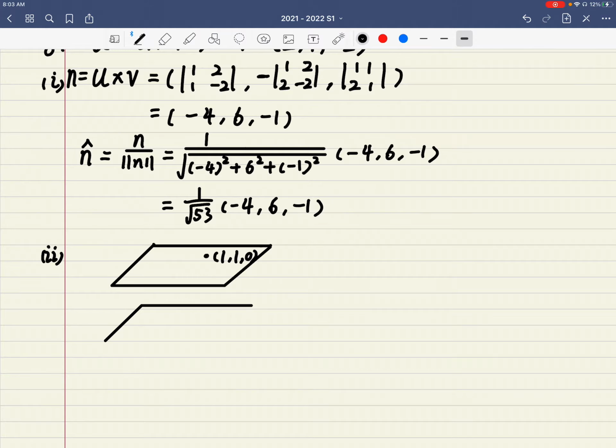That means it's parallel to the plane generated by u and v. Let's suppose this is u, this is v. Then these two planes are parallel. So you want to know what is the scalar equation of this plane. This is your plane 2.